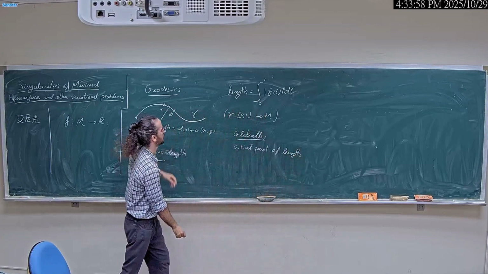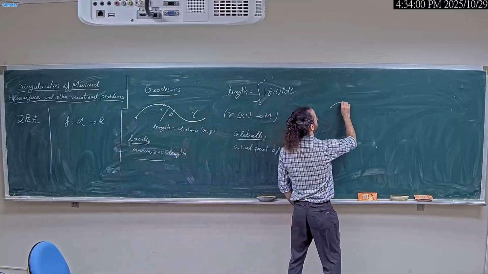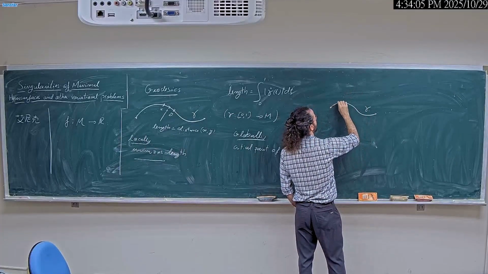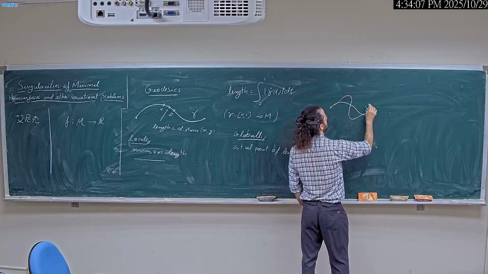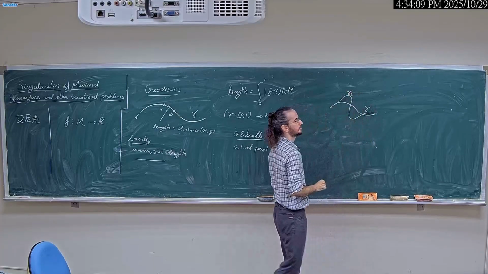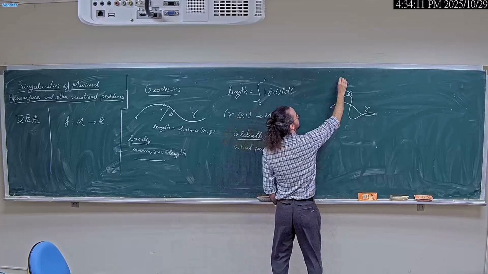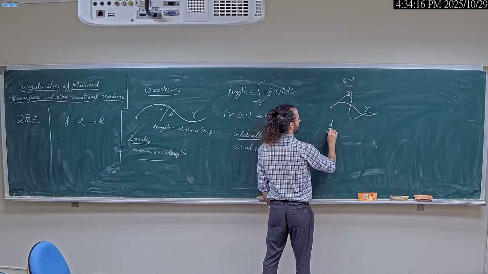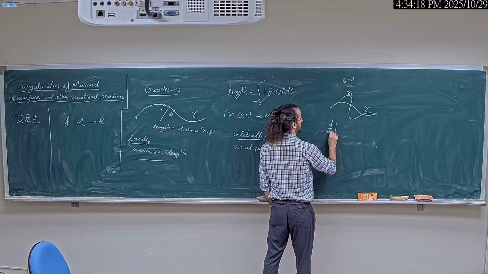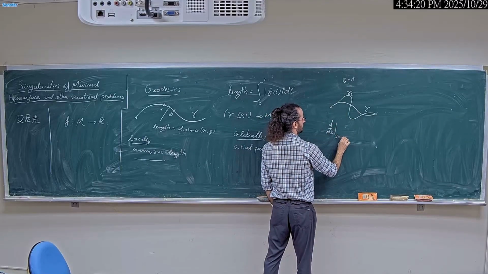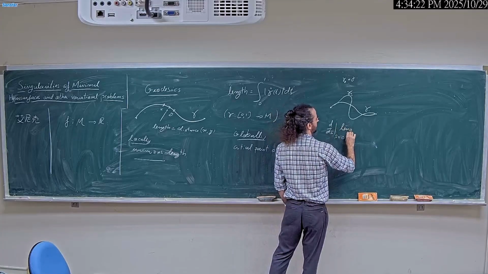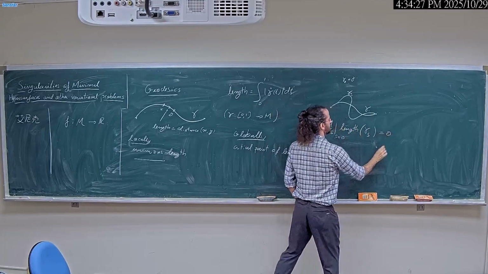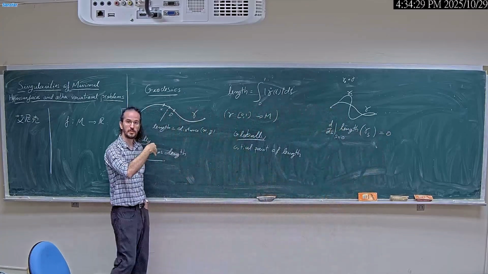What does it mean, a critical point? If I take my curve gamma and then I look at a variation of gamma, call this gamma of s, where gamma of 0 is equal to gamma. Then if I look at the length, and differentiate once, this is equal to 0 for any variation.